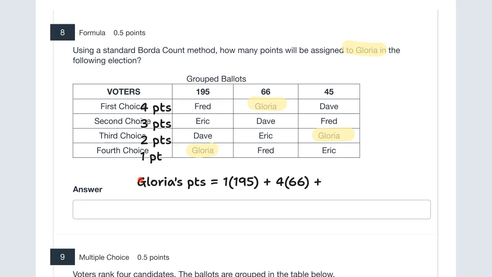And then her third place is worth 2 times that 45. 1 times 195 is 195. So 195 plus 4 times 66 plus 2 times 45 is 549.